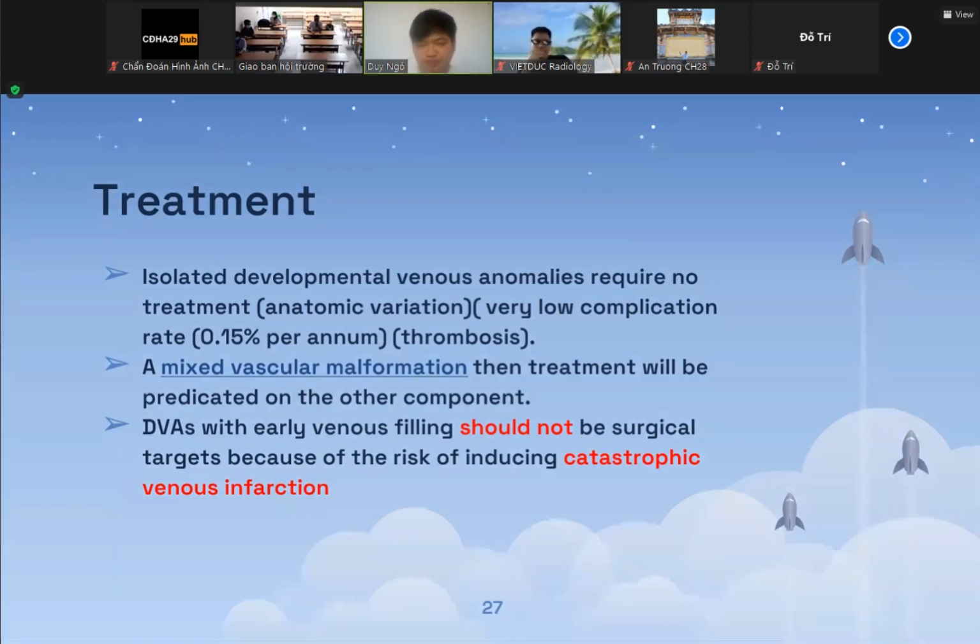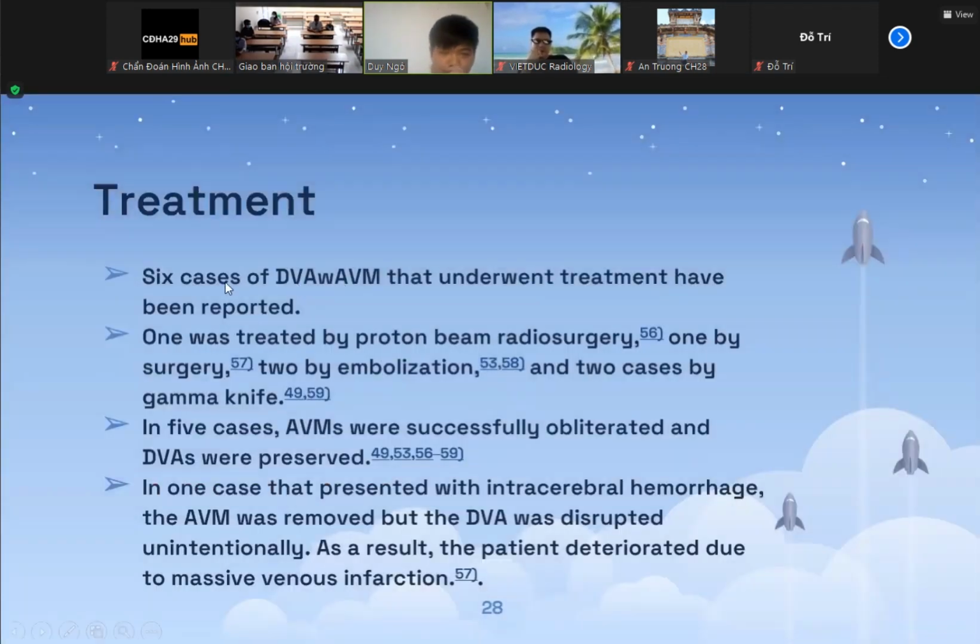Okay, and in case of DVA with AVM, or arterial DVA type 3, six cases that underwent treatment have been reported: one was treated by proton beam radiosurgery, one by surgery, two by embolization, and two by gamma knife.